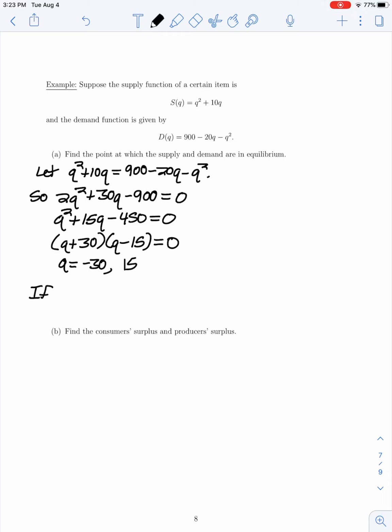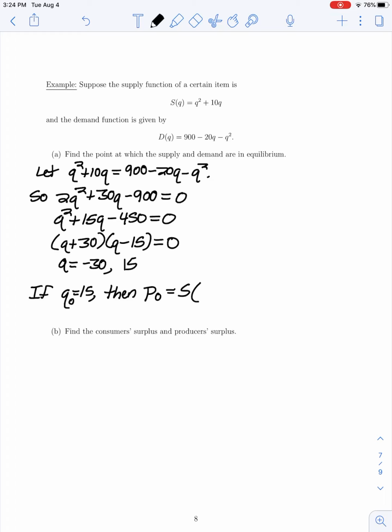So if our quantity demanded is 15, we still need the price to find the equilibrium point. So let's say if Q equals 15, then to get the corresponding price, let's denote these as Q naught and P naught for equilibrium values, we would have our function, either supply or demand.